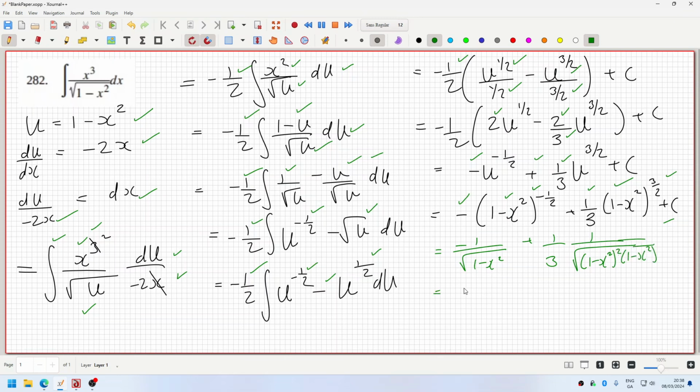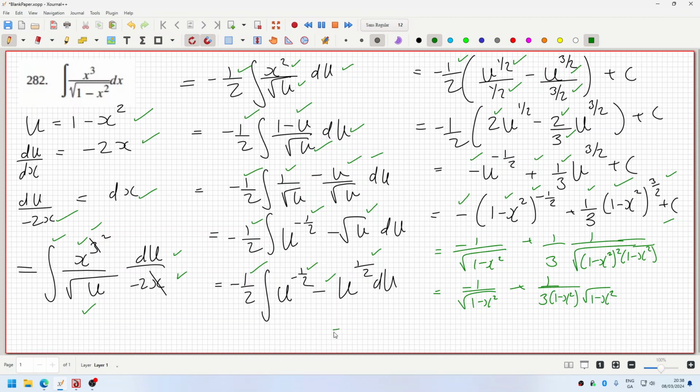So that would be minus 1 over root 1 minus x squared plus 1 over 3 root, it's 1 minus x squared, and then root 1 minus x squared.